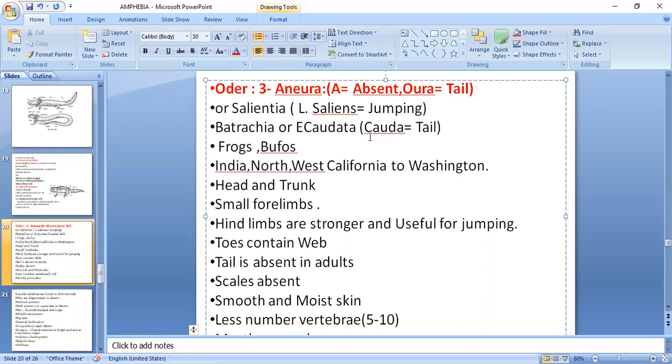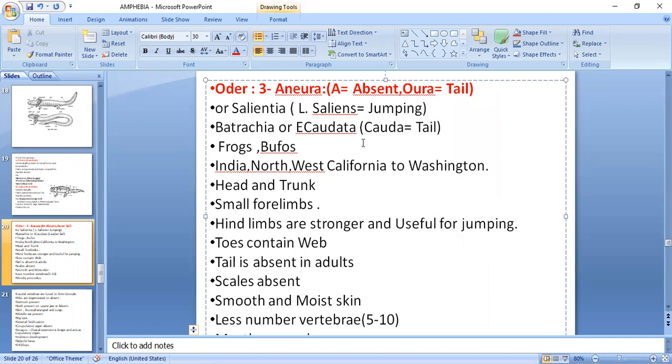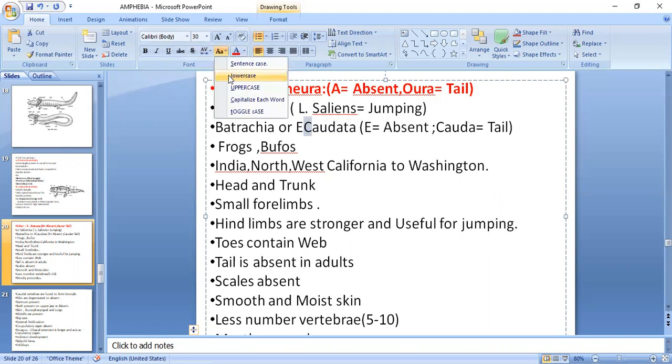Ecaudata means A or E means absent, so Ecaudata means tailless amphibians. Right.